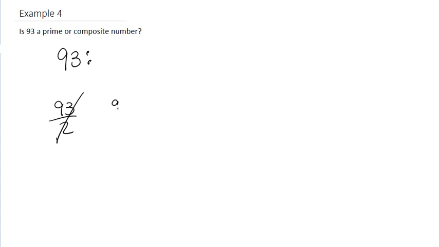Now we look at 93 divided by 3. So let's try it like this. So 3 can go into 9 3 times. 3 times 3 is 9. We'll subtract to get 0. Bring down the 3.